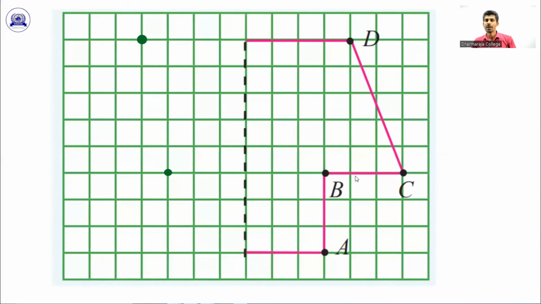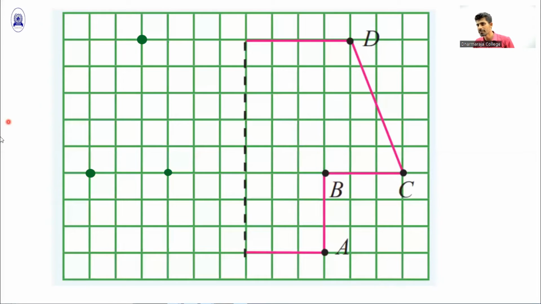Next one. 1, 2, 3, 4, 5, 6 points are there. 6 means you need to mark on this one. Right, okay. 1, 2, 3. That means 1, 2, 3.